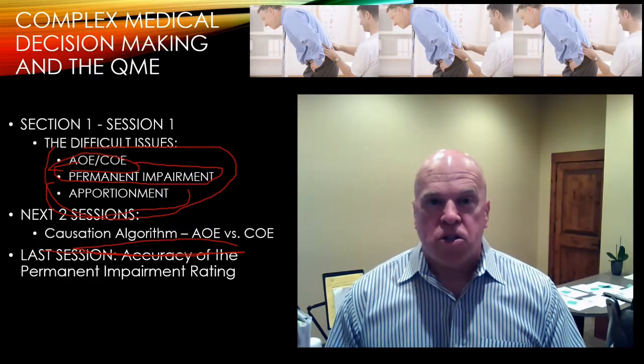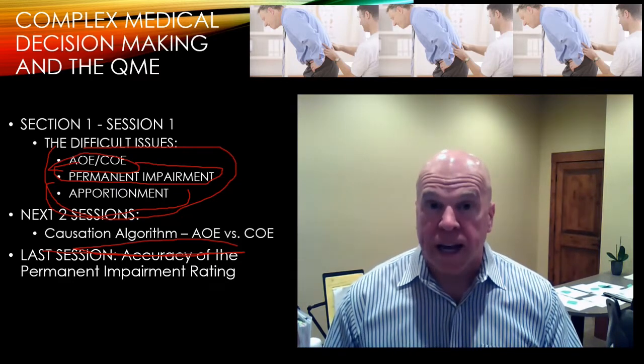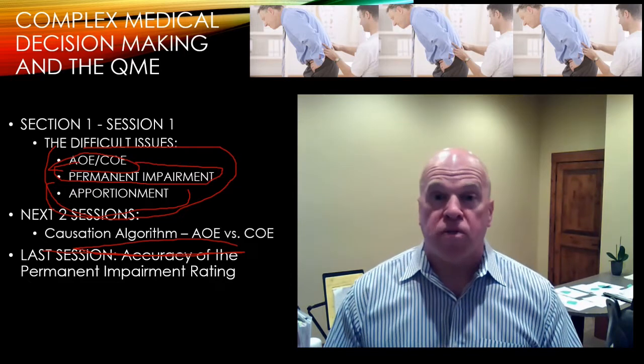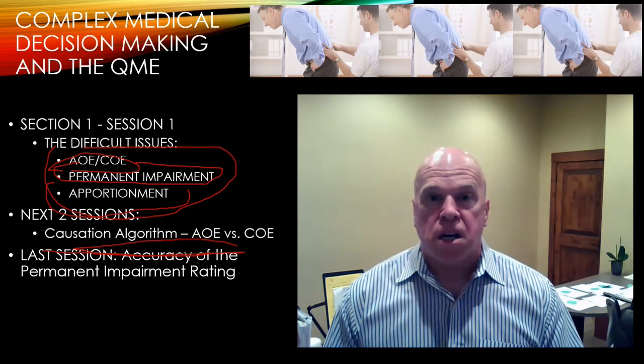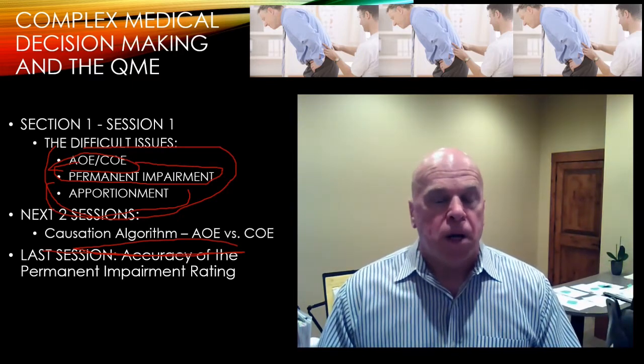Once the examinee is declared to be permanent and stationary, and when you determine that the examinee actually has some residual losses of function or losses of use of body parts and body systems, then the concern turns to the accuracy of the permanent impairment rating.